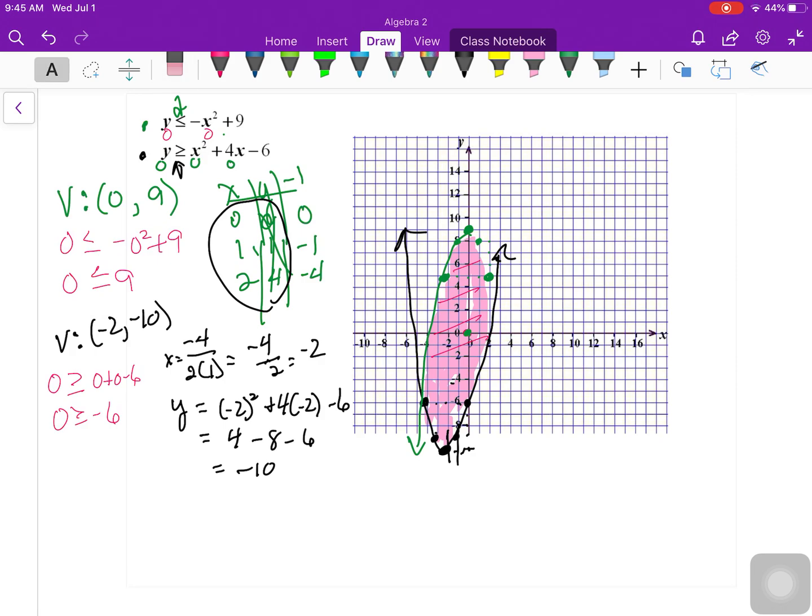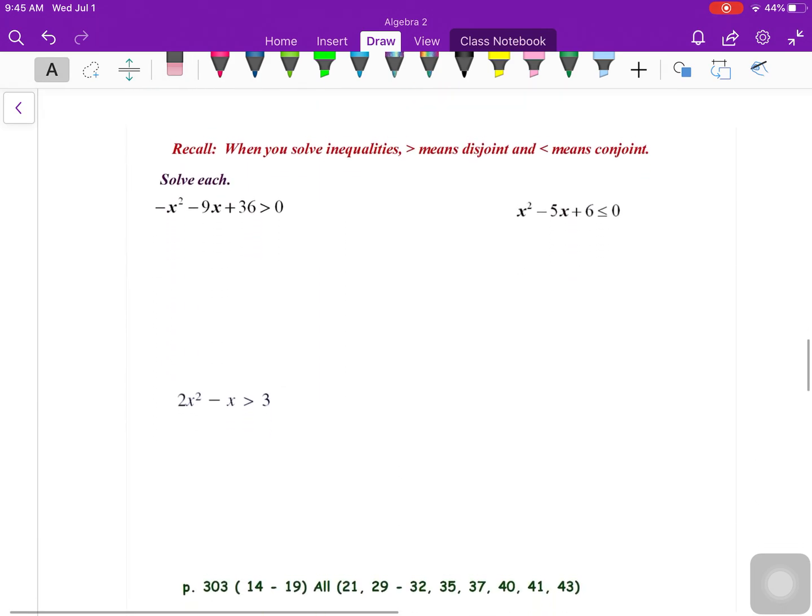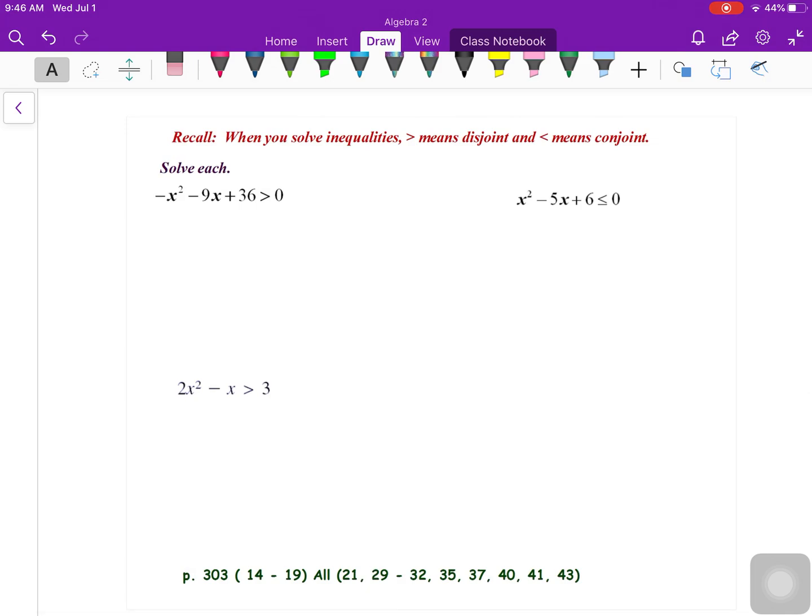So I need to erase these lines. Okay, now we'll do them algebraically. And I'm going to show you a method that you can use no matter what size polynomial you have, a square, a cube, a quartic, fifth power.